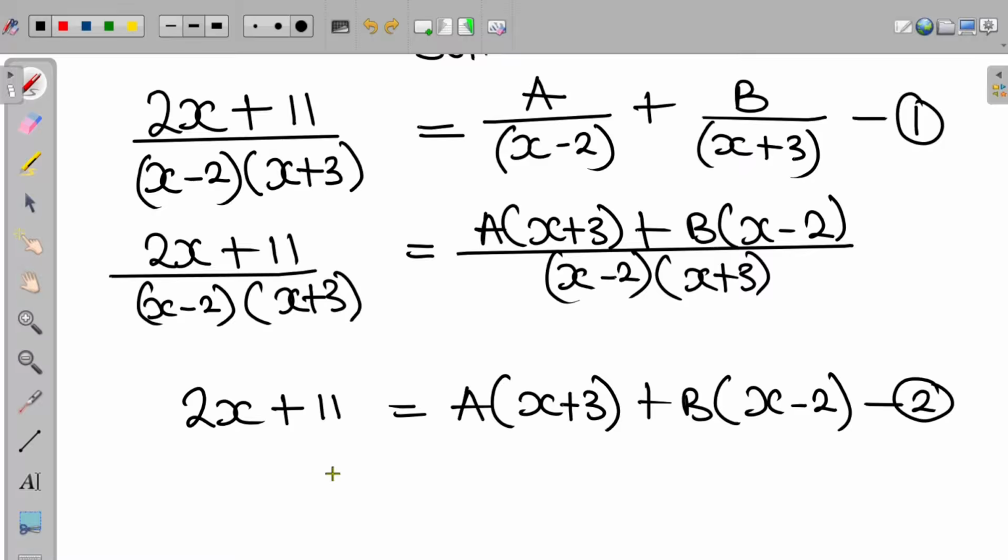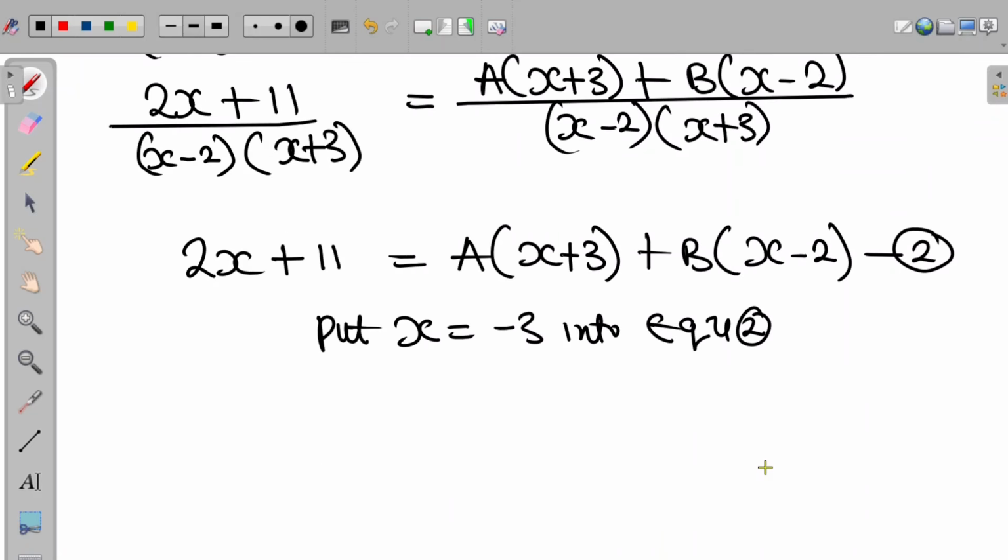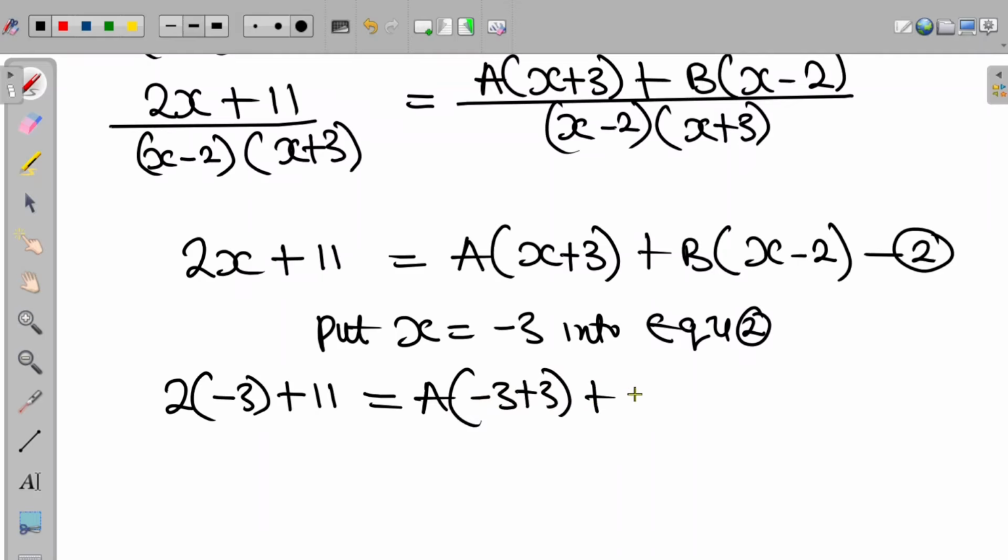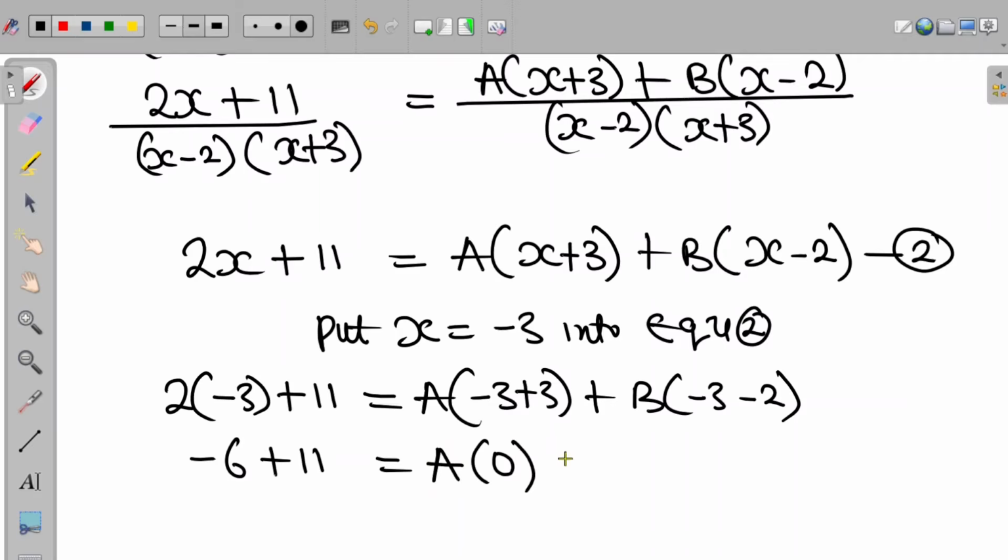So using convenient values of x, we put x equal to -3 into equation 2. This becomes 2 multiplied by -3 plus 11 equals A multiplied by (-3 + 3) plus B multiplied by (-3 - 2). So 2 times -3 is -6, plus 11, equals A times 0 plus B times -5.